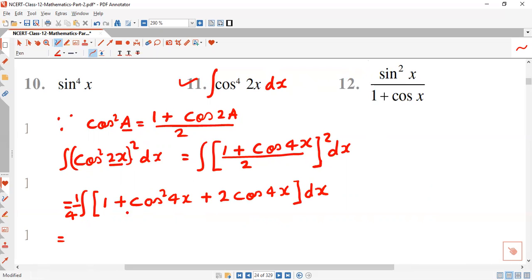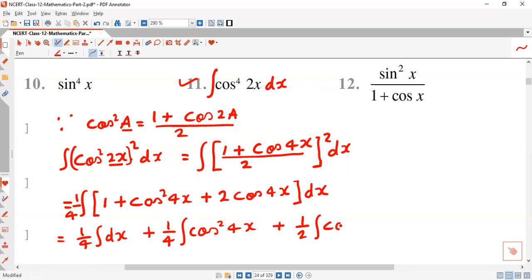If you open all the integration separately, you are getting 1 by 4 integration of dx plus 1 by 4 integration of cos square 4x plus 1 by 2 integration of cos 4x dx.